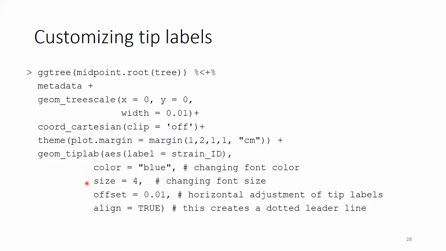I increased the size to 4 because I think the default is 3. I also added an offset. So this offset will make sure that the labels aren't clinging right to the tips of the tree. It gives it a little bit of space. And then I set align to true. So this makes the labels all aligned. And then it also creates a dotted leader line, which I think looks nice.